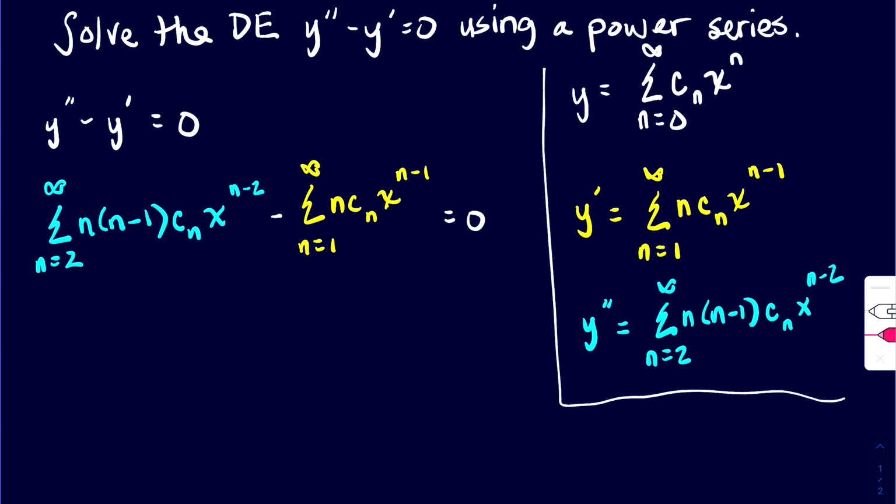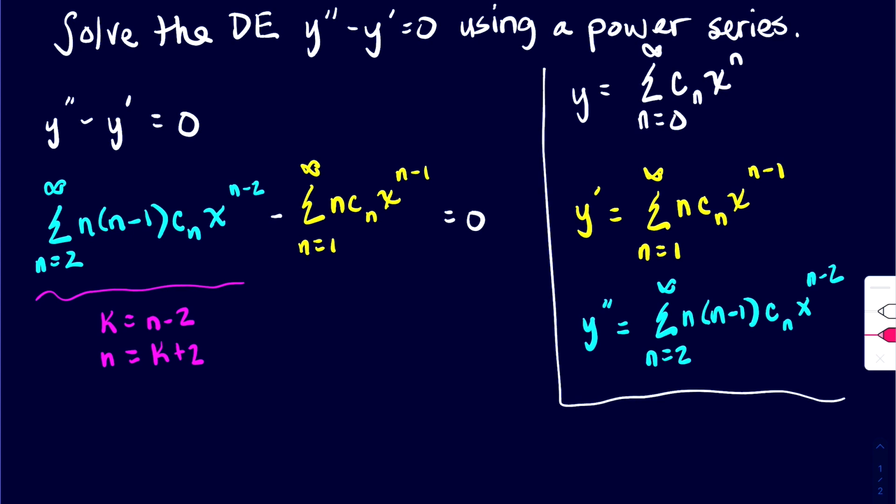Now, we want to get the summations to be the same. So we basically are going to let k equal n minus 2 for the first one. And so writing this in terms of n, isolating n, we would have n is equal to k plus 2.